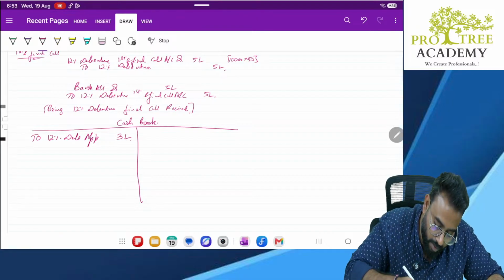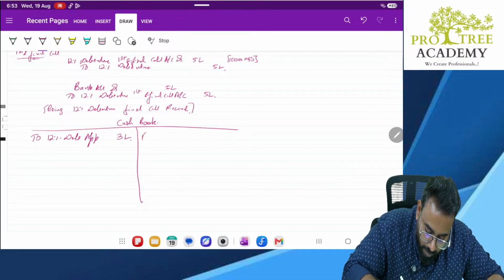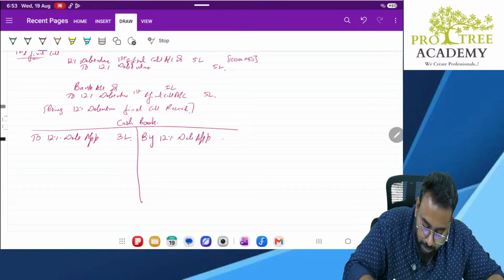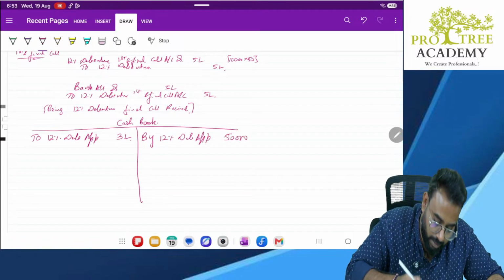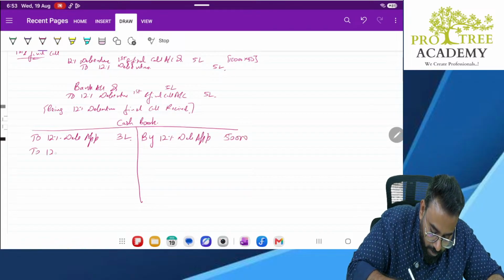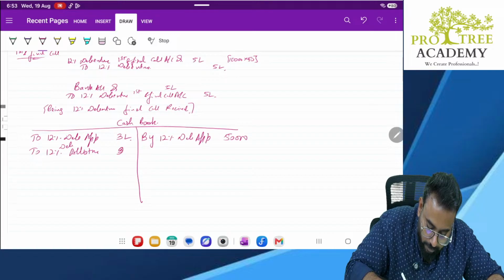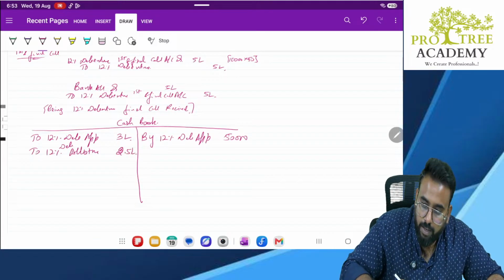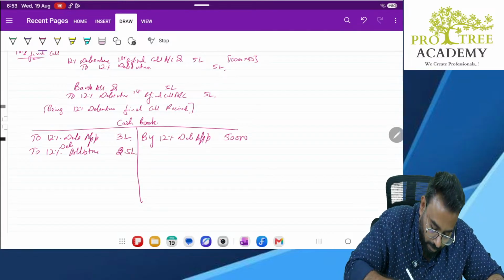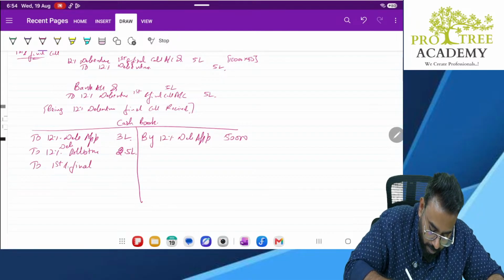Right? Next, you refunded something by 12% debenture application money, 50,000. Correct? Next, you received allotment money to 12% debenture allotment account, 2.5 lakhs. Right? Next, to first and final call.